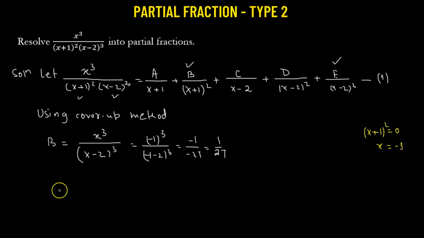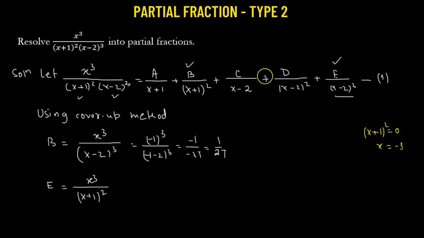Fine. Now coming to the fifth partial fraction, from there we can find the value of E. Here, the denominator of E has the factor (x - 2) whole cube. So we come back to our original rational fraction and cover up the factor (x - 2) whole cube. We're left with (x + 1) whole squared in the denominator.